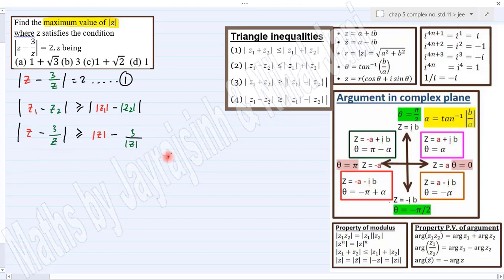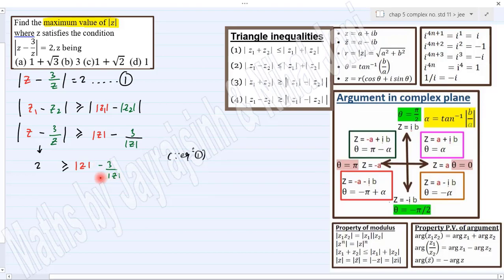Now, from equation number 1, we can say mod z minus 3 by z is equal to 2. So we can replace our left hand side by 2. So we will get 2 greater than or equal to mod z minus 3 by z.